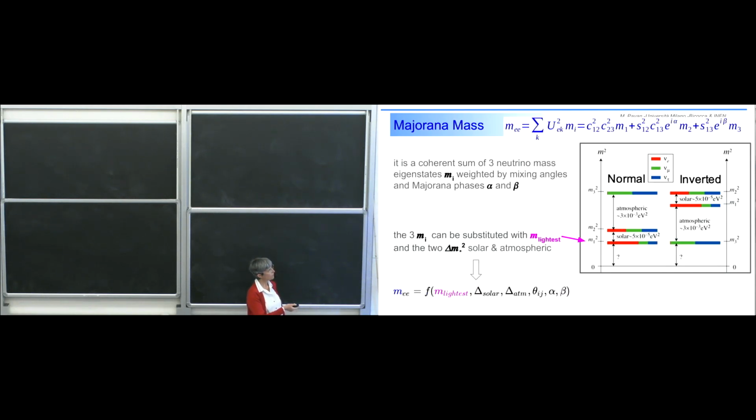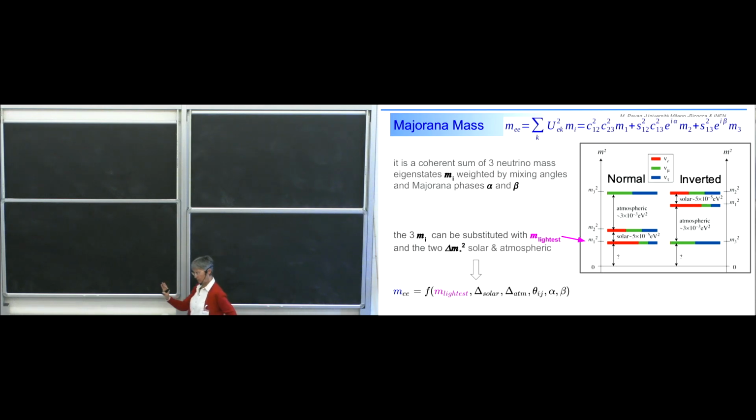So again, if we look at the present picture of neutrino masses, you have already seen this plot in Claudia's slides. We know from the oscillation experiments that at least two neutrinos are massive, because we measure two differences in the square masses. This is an experimental observation.